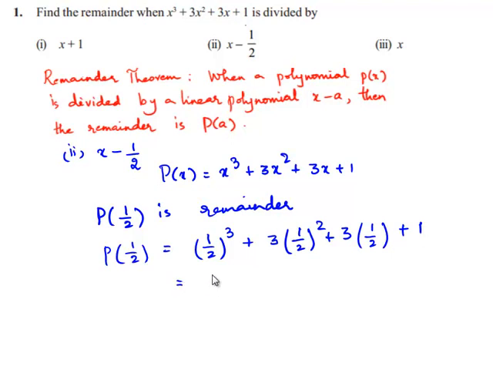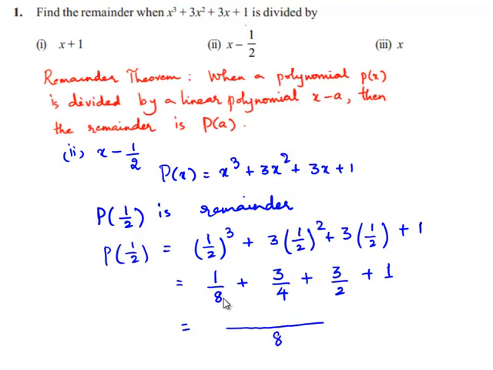1 by 2 whole cube is 1 by 8, and 3 times of 1 by 2 whole square is 1 by 4, this becomes 3 by 4, and 3 multiplied by 1 by 2 is 3 by 2, plus 1. So in order to add this, let us find the LCM first. 8, 4 and 2, the LCM is 8.